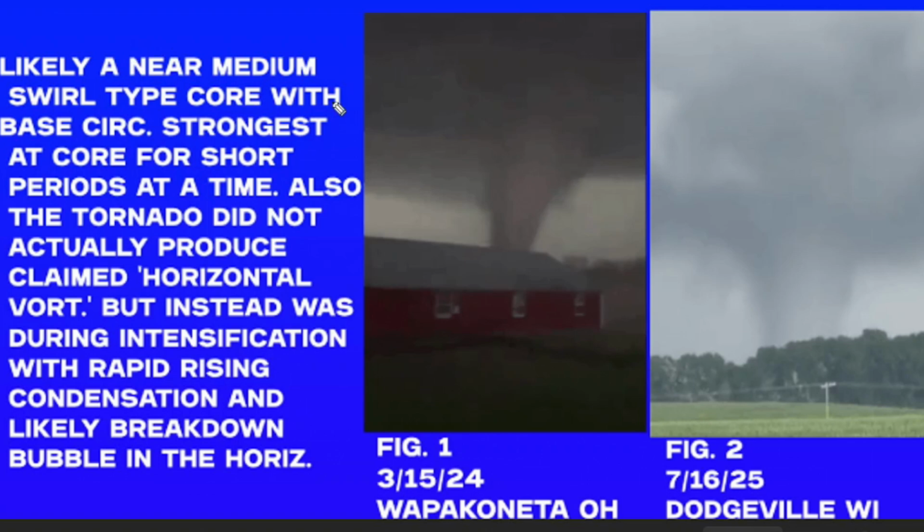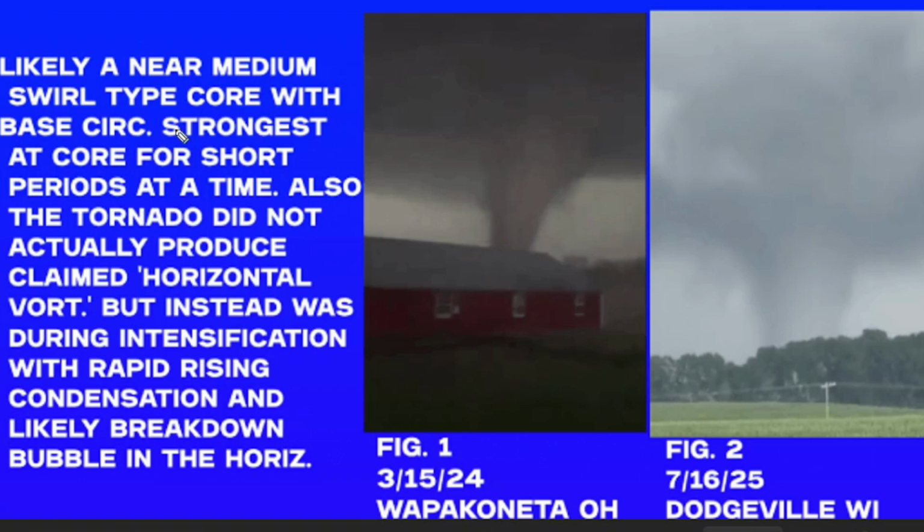And so first of all, talking about the vortex dynamics itself, you had likely a medium swirl type core. The core is within the central part of the circulation where the highest damage is typically produced. Typically you have a high swirl ratio and a low swirl ratio, and this is in the middle, so the swirl ratio would be medium between both.